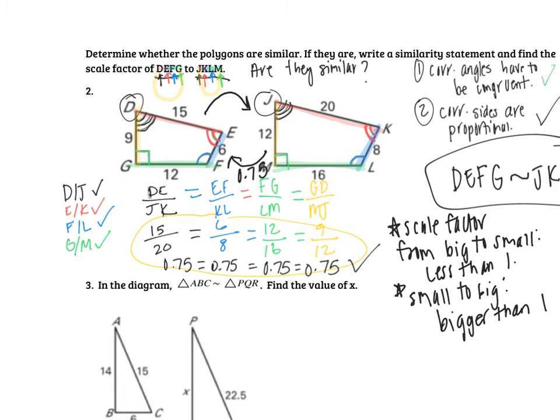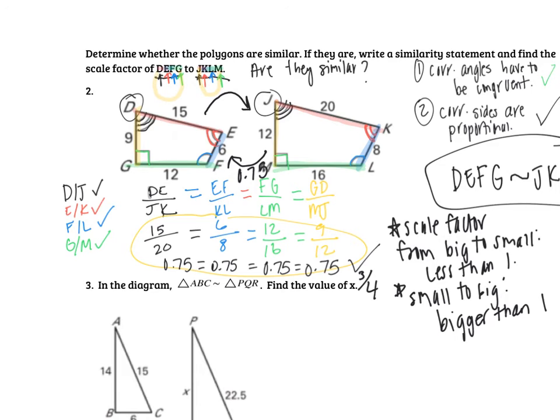So to get from DEFG to JKLM, I need to use the reciprocal of 0.75. A reciprocal just means I'm flipping the fraction. If you think about 0.75 as a fraction, well, it's 3 over 4. So the scale factor from the bigger shape to the smaller shape is 3 over 4 or 0.75.